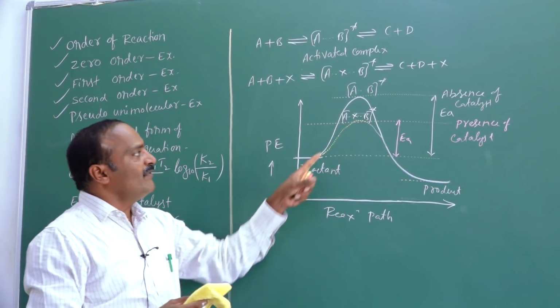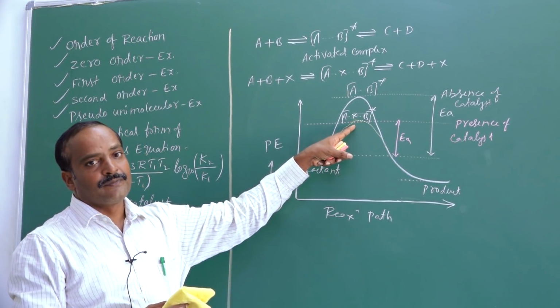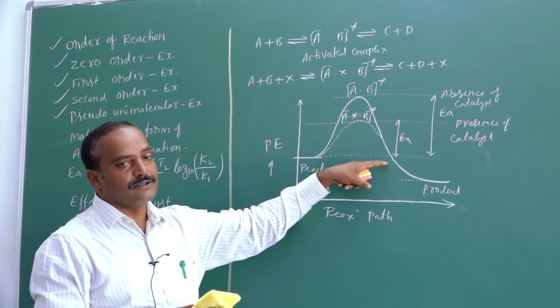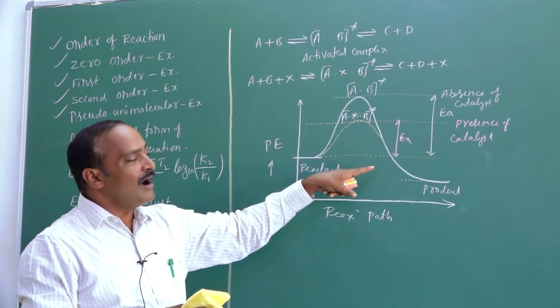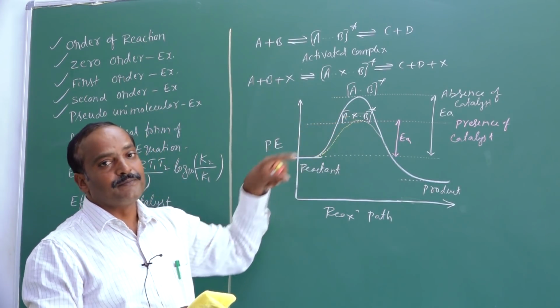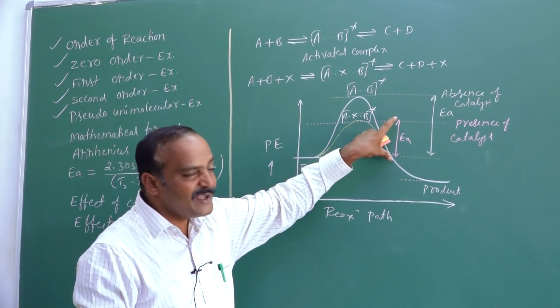In the presence of catalyst, the reaction takes place by an alternate path and a new activated complex A dot dot X dot dot B star is formed, which has a lower activation energy.